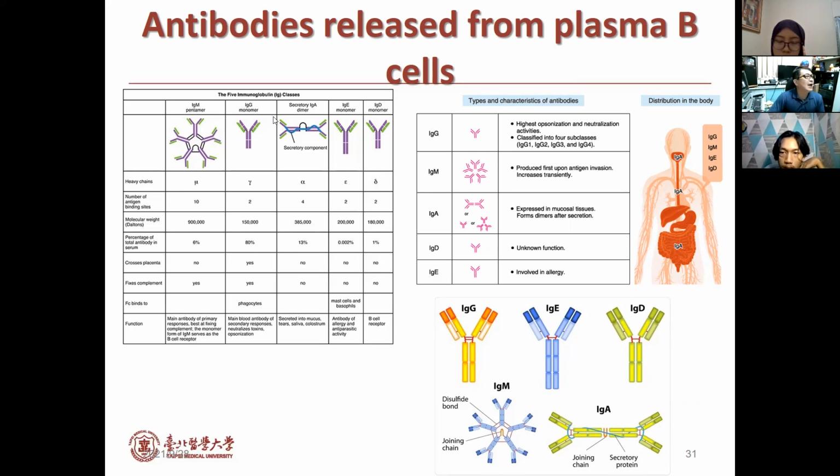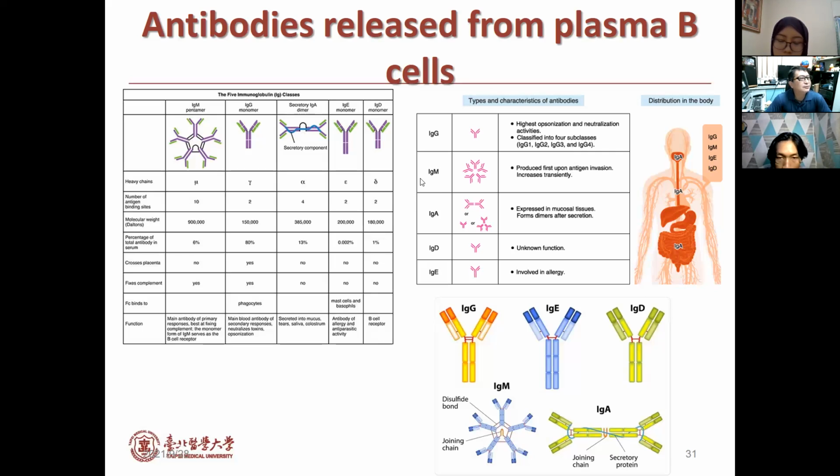IgA is actually a dimer. You can see there are differences in structure. IgG is mostly useful for neutralization, for binding antigen. And there are different subclasses: IgG1, IgG2, IgG3, IgG4. That depends on their FC region.